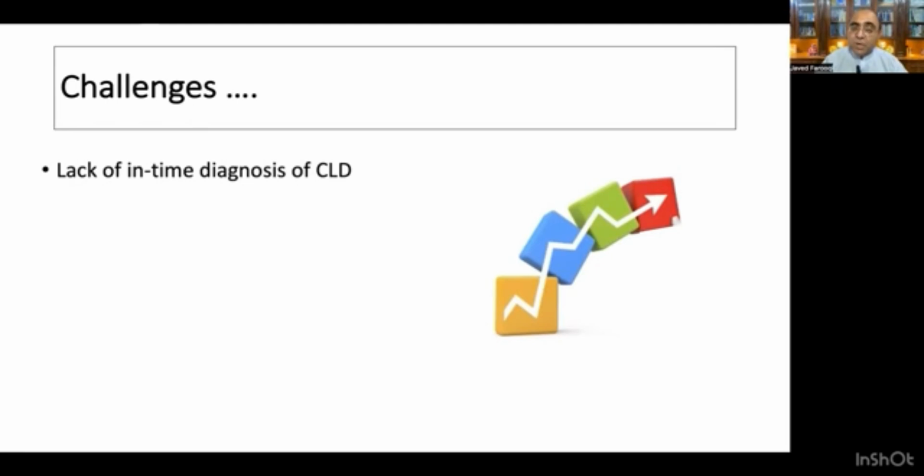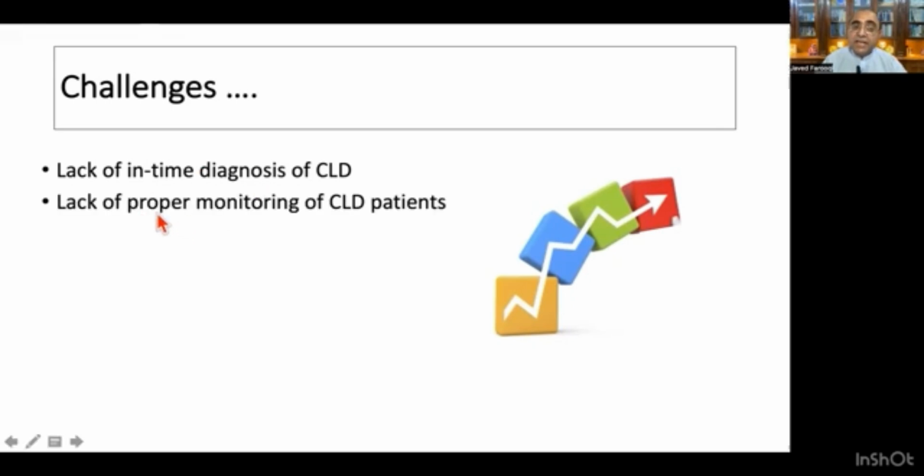Probably he was obese as well, which is not obvious in this history, but probably he was. So his chronic liver disease was not properly diagnosed, and it took 13 years until this patient presented to the emergency room as decompensated, with upper GI bleed as well as moderate ascites and hepatic encephalopathy.